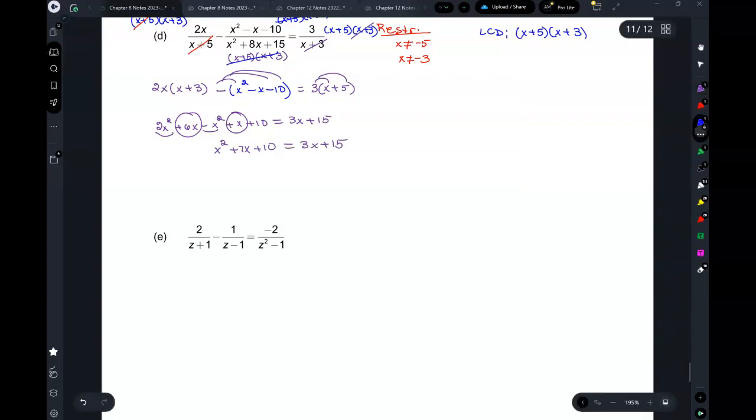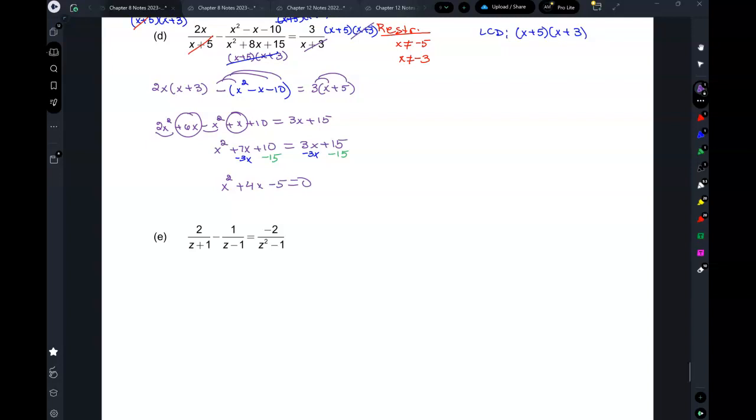Right? So now I'm going to subtract a 3x. I'm also going to subtract a 15. x squared plus 4x minus 5 equal to 0. Okay, this time it's a quadratic. We've got to solve that one, right?